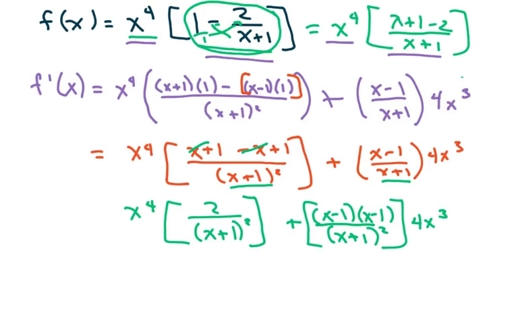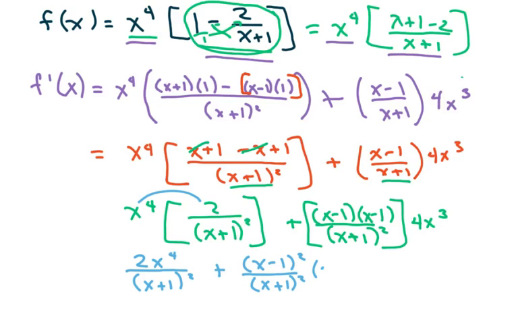All right, so then I'm going to go ahead and multiply this through. So you're going to get 2x to the 4th over x plus 1 squared plus, and this piece is just going to be x minus 1 squared, because there's two of them, over x plus 1 squared times 4x cubed.